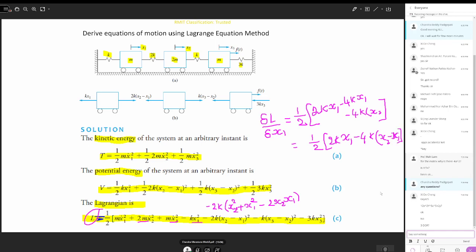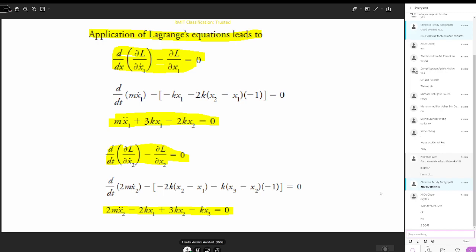So this is the partial differentiation of the Lagrangian with respect to x1. Now you can see the same thing is written here. So this negative partial derivative of L with respect to x1 is shown, the whole thing.